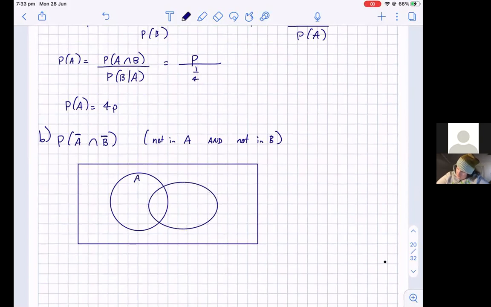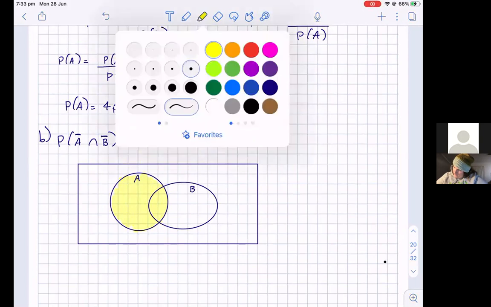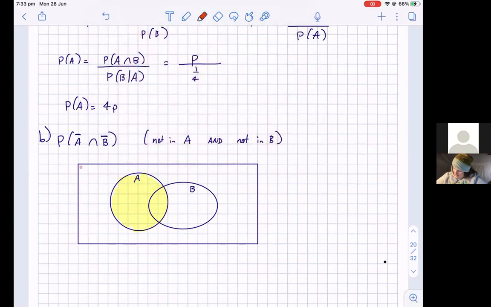Let's say this is A and this is B. If the yellow is A, this is really laggy. The yellow is A, and I make the red everything not in A.